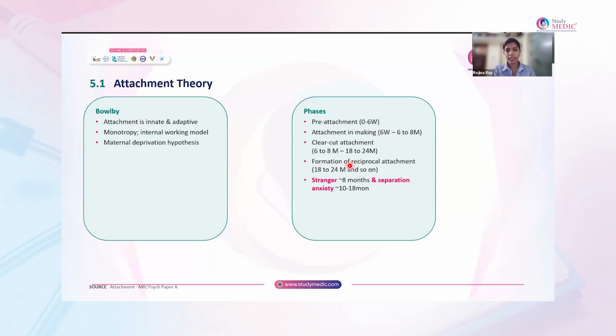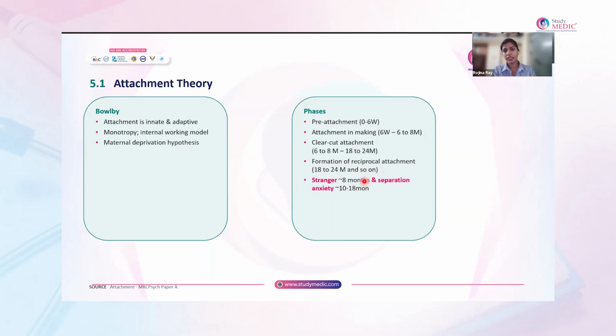Then the third phase is the clear-cut attachment phase, from around 6 to 8 months to 18 to 24 months. This is where the infant forms attachment with the principal attachment figure or the primary caregiver. Now the final stage is the formation of reciprocal attachment, from 18 to 24 months and so on.